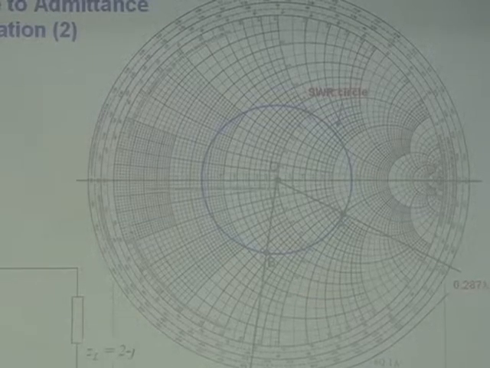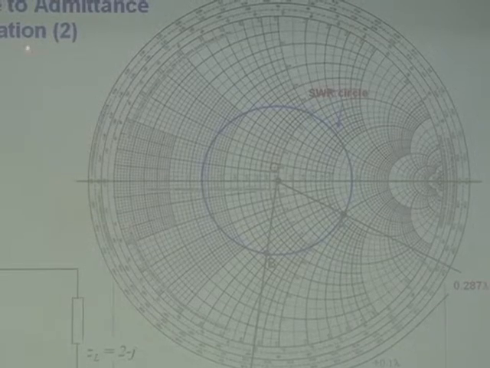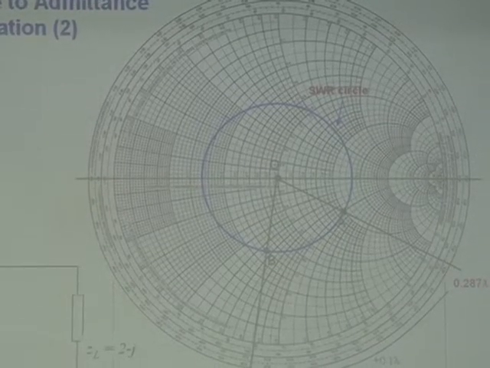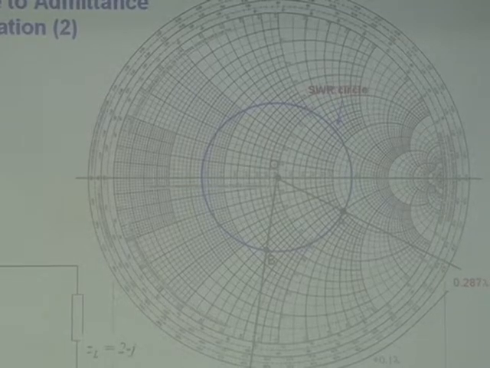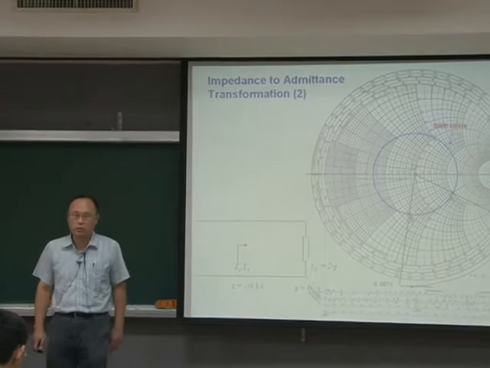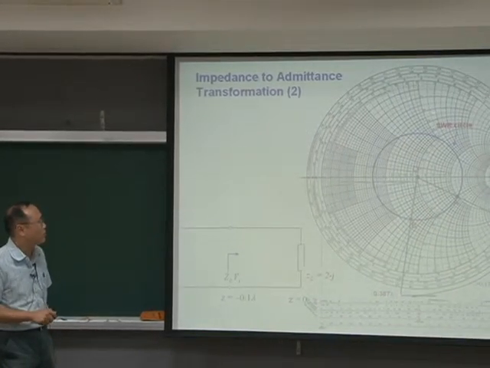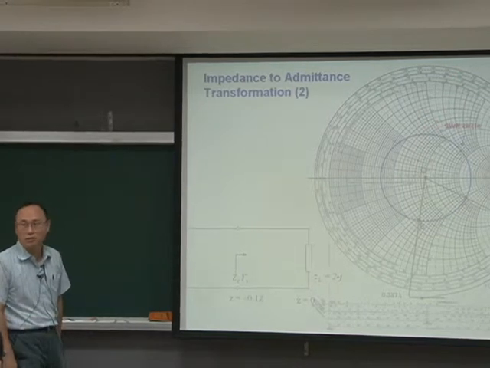Okay. But the purpose for this example is to find out the admittance looking into this line at this point. And I told you last week that you can just move this line by quarter wavelength to find out the admittance, right?